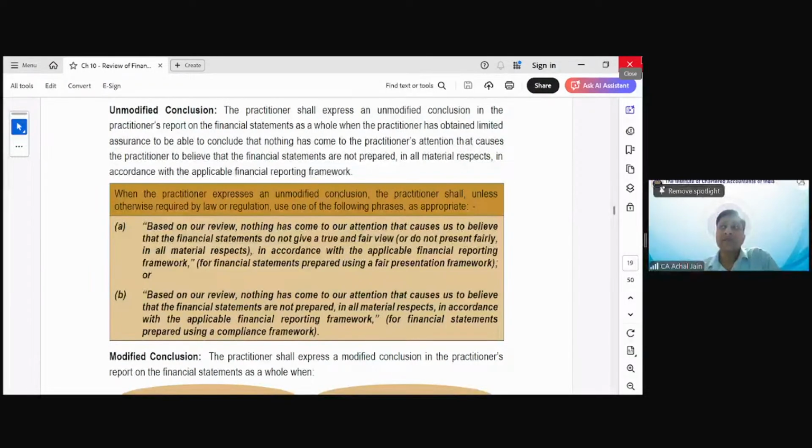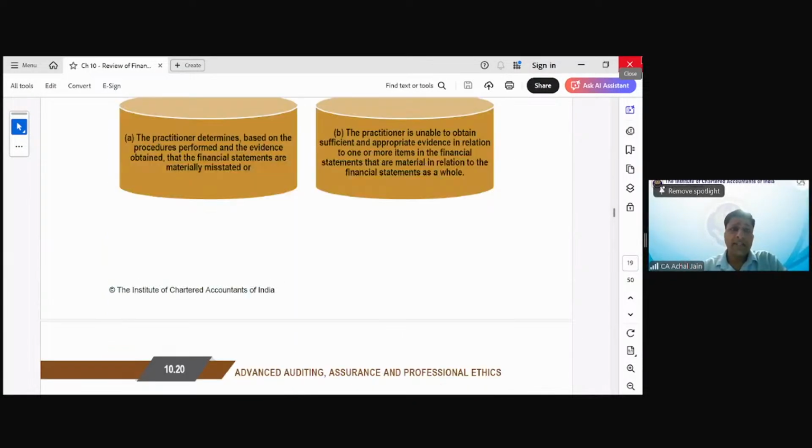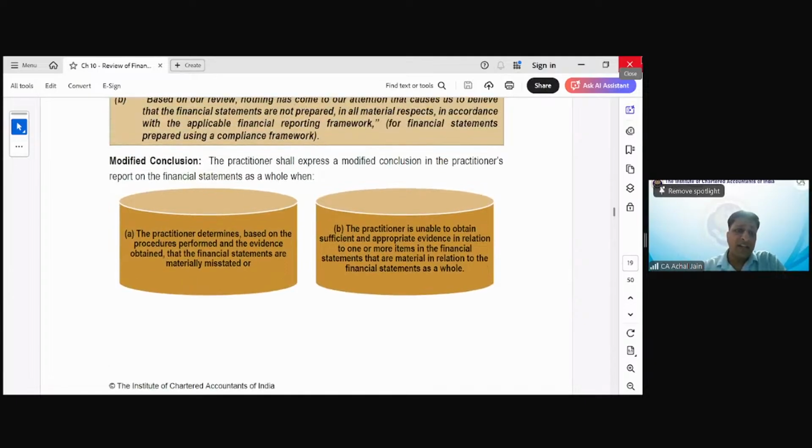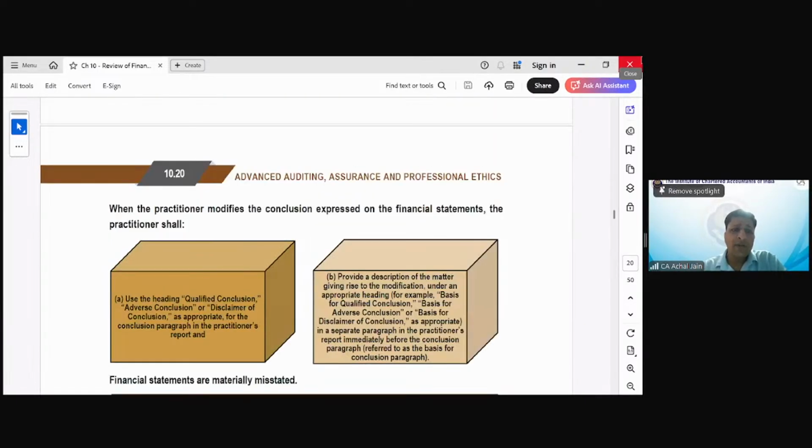Now in this case, the terminology that we are using is conclusion. Similar to what you have in case of opinion, you will have modified conclusion or unmodified conclusion. Unmodified means it's a clean one. But in case of modified, you will bring in the modification. Now what are going to be the modifications? We have the same modifications. Qualification could be there. We can have adverse conclusion.